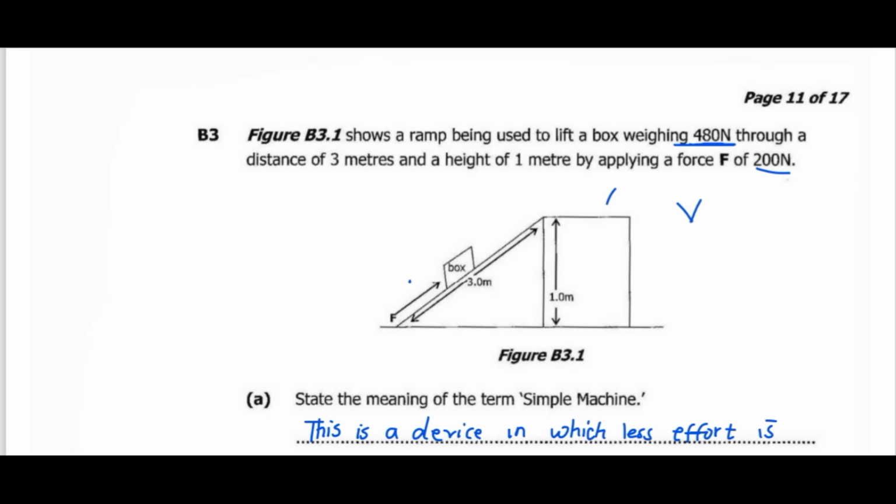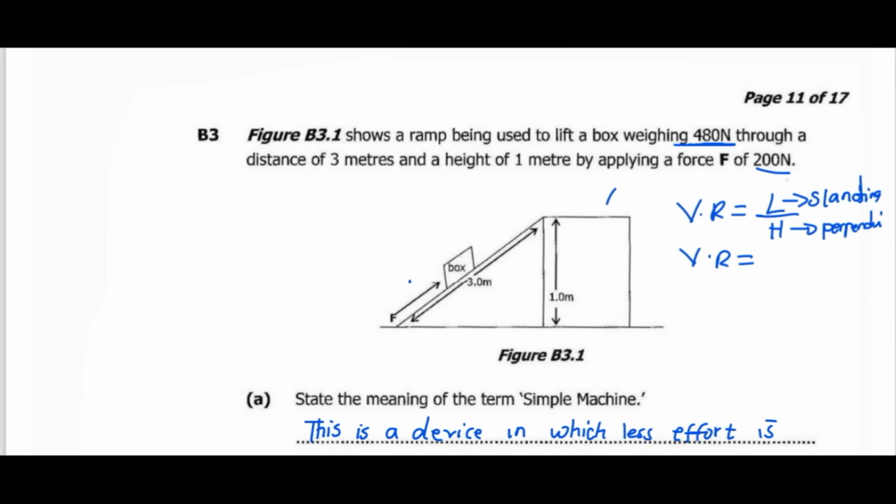So here velocity ratio is equal to L over H. Now L is not the load. No, this time L is, we'll just say, a slanting distance. Then our H is just perpendicular height, the height against the gravity.